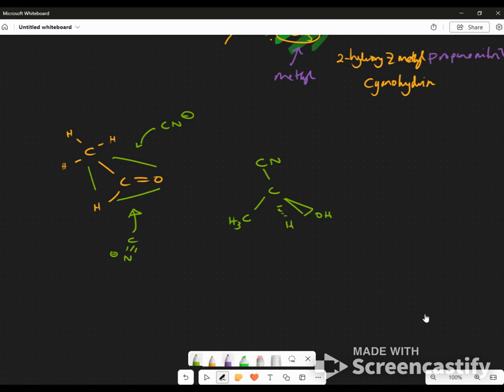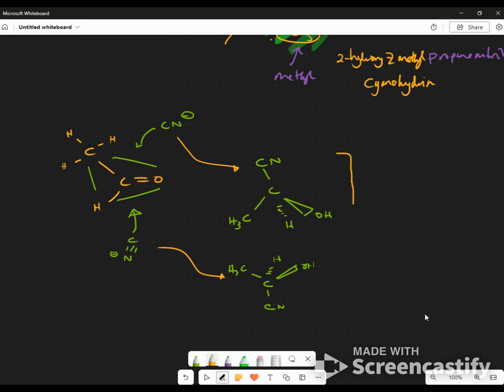So this is for this one. If it attacks from the top, everything will bend down from the CN. If it attacks from the bottom, you'll get the CN, you get the C, you get the CH3, you get the OH, and you get the H. And if it attacks from the bottom, you get this orientation.